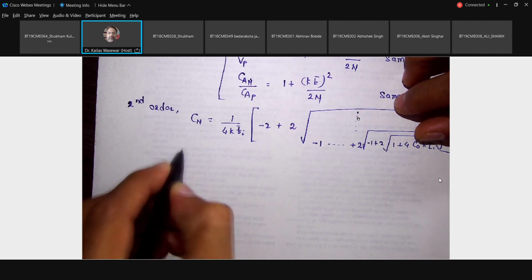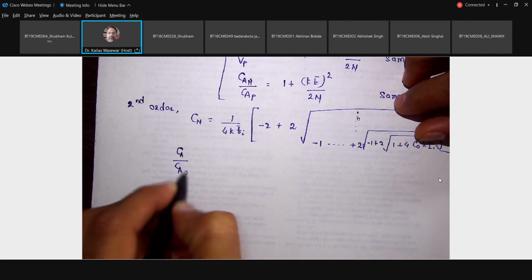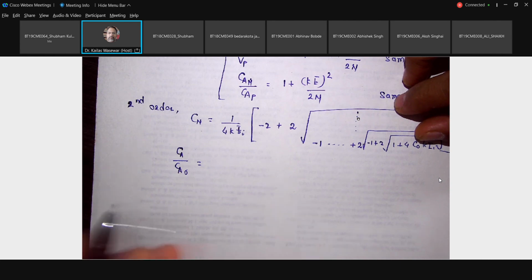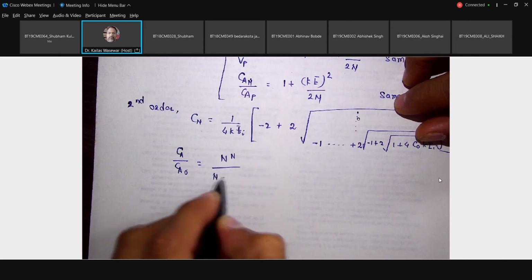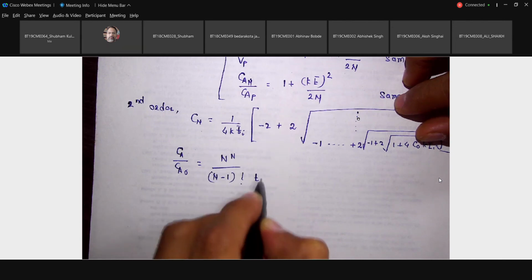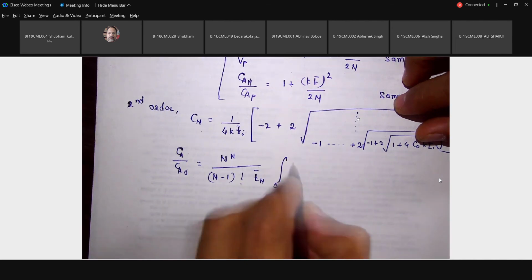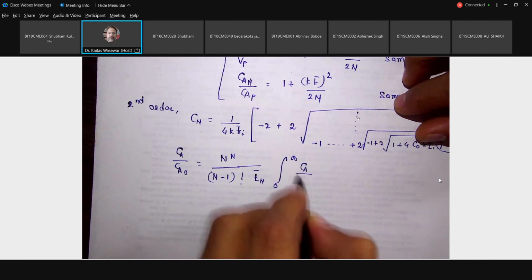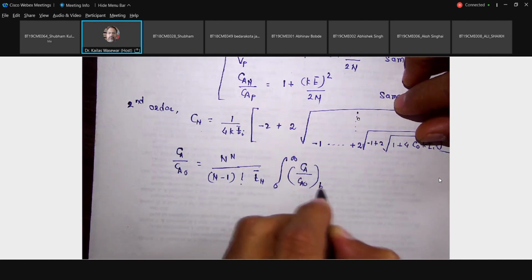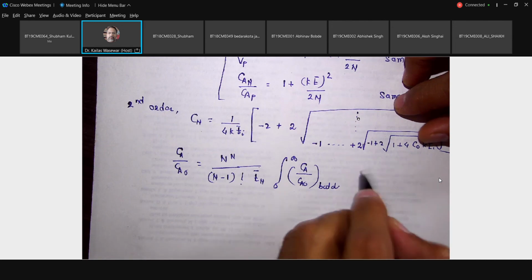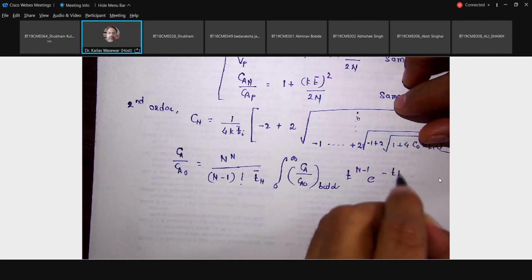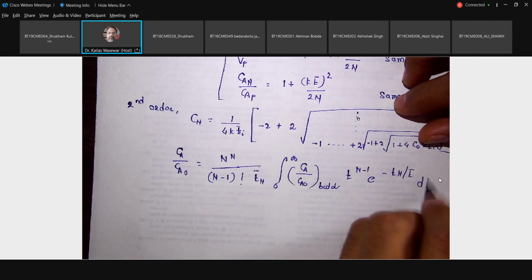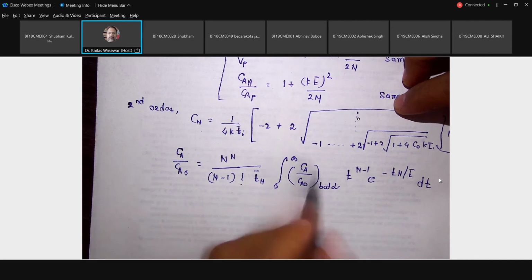Ca upon Ca0: you substitute the Ca value for n number of tanks, integrating from zero to infinity Ca upon Ca0, that is for the batch depending on the kinetics, t to the power n minus 1, exponential of minus t, where you substitute this Ca.